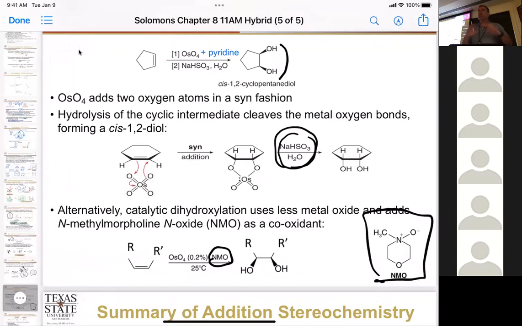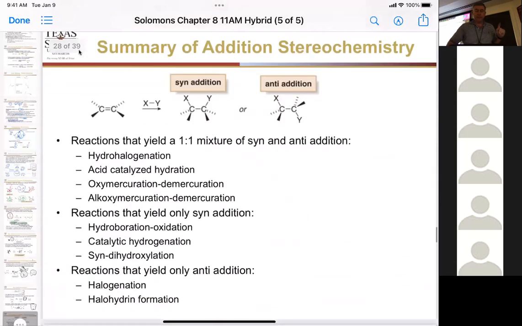Okay. All right, so let's look at this. Let's do the summary here. Reactions that give a 50-50 mixture of syn and anti. Hydrohalogenation. Why? Carbocation intermediate. Acid catalyzed hydration gives you a 50-50 mixture. Why?